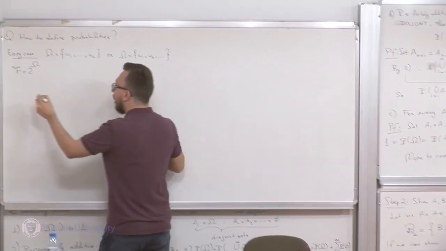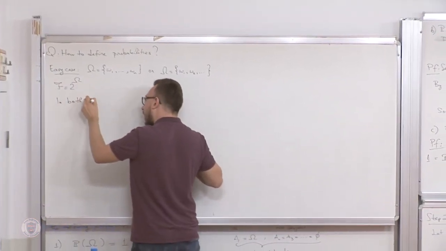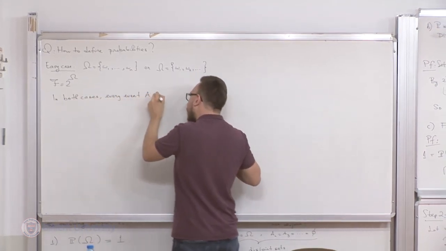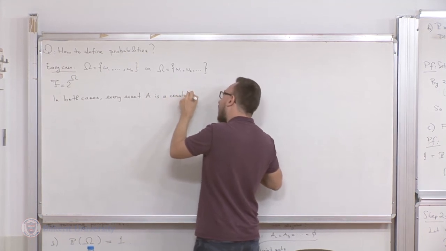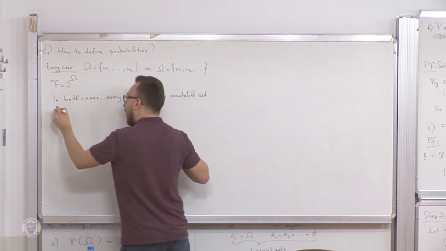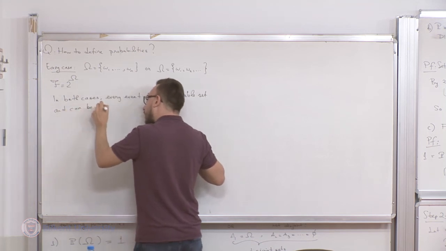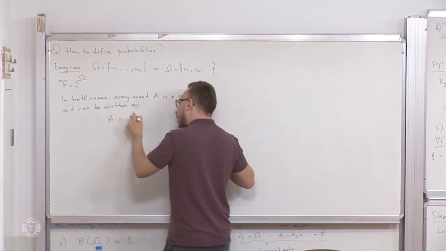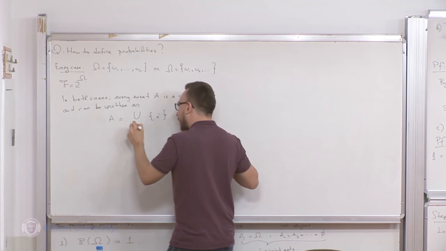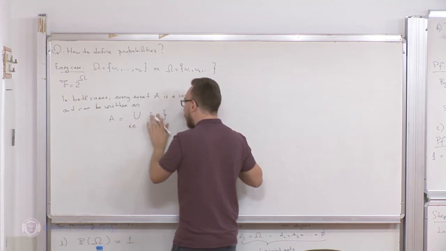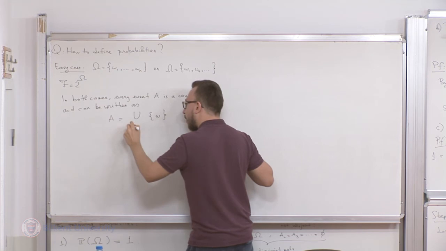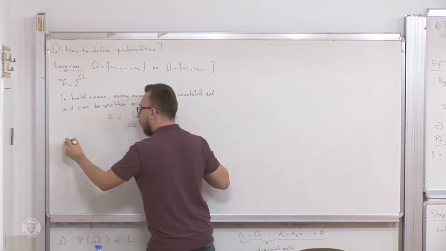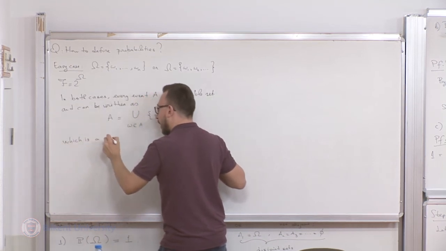So in both cases, every event A is a countable set and can be written as, we did it last time, or the first time, in the first meeting. Let me write it this way. The union of {omega}, where omega is in A. Which is a countable union.